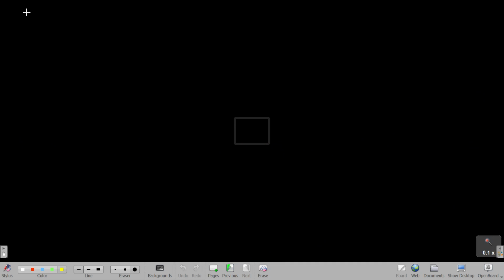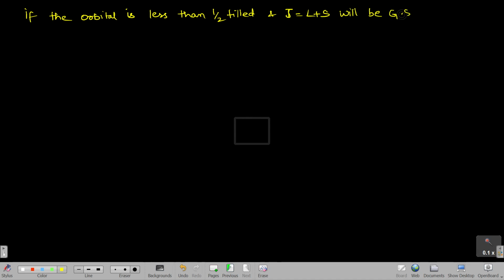L minus S will be the ground state if the orbital is less than half filled. Okay, and J is equal to L plus S will be the ground state if it is greater than half filled. That's all.